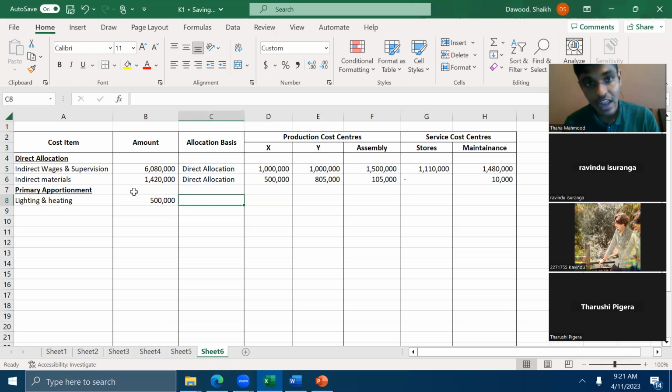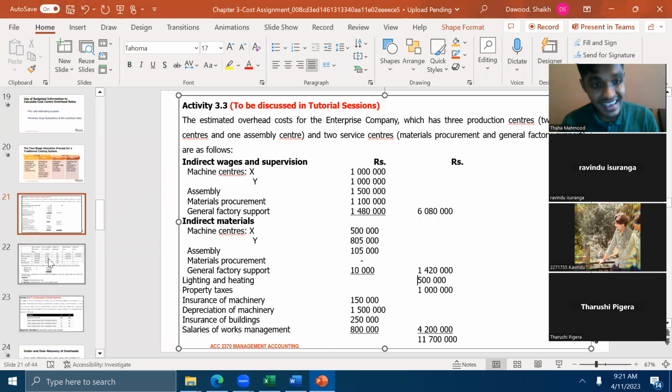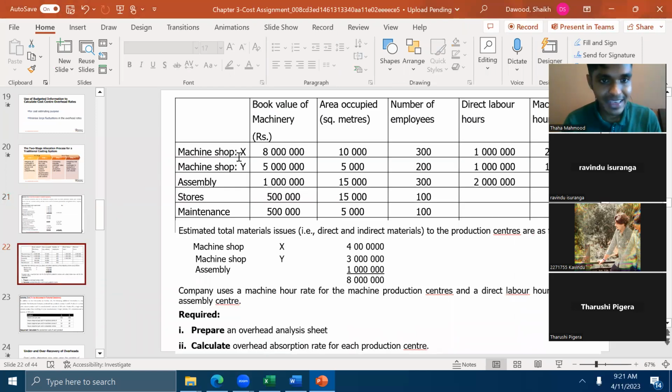For that we need an allocation basis. The allocation bases are given here. We have so many allocation bases. So what would be the most suitable allocation basis to primarily apportion the lighting and heating costs?